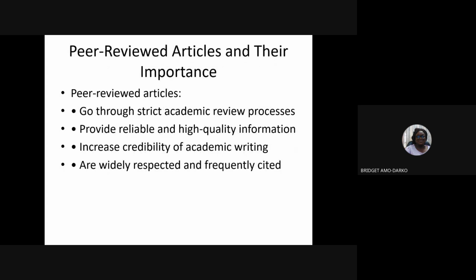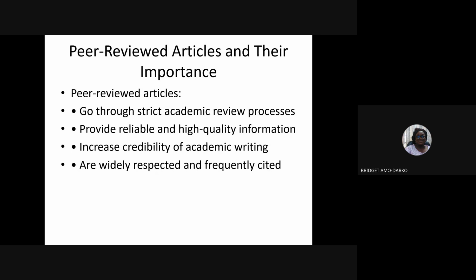Peer-reviewed articles and their importance. Peer-reviewed articles go through a strict academic review process, provide reliable and high-quality information, increase credibility of academic writing, and are widely respected and frequently cited. So you see that there are some articles in some journals that constantly receive citation.